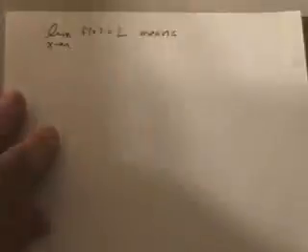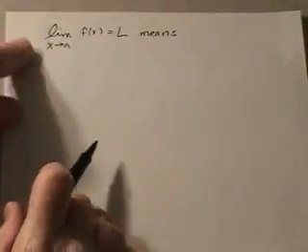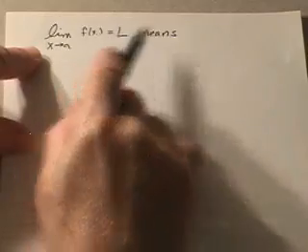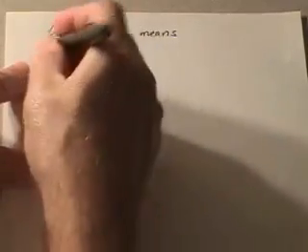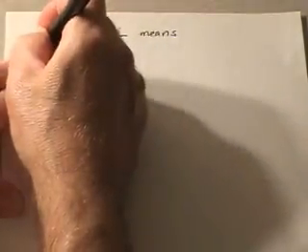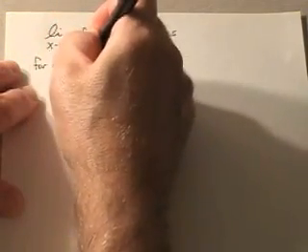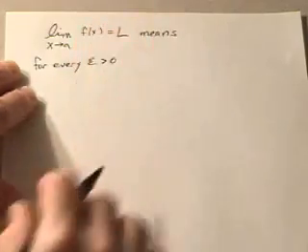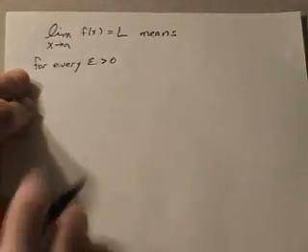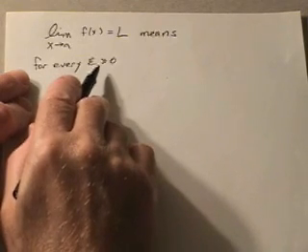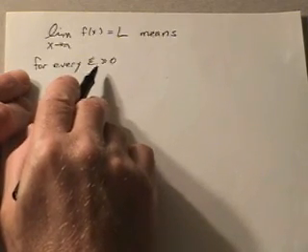Okay, so here goes. What does it mean to say that the limit as x approaches a of f of x is equal to L? It means, and this is a long expression, and all the words are important here, for every epsilon bigger than 0. And every time I write this, you should add mentally, no matter how small.